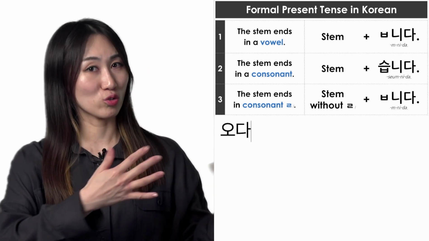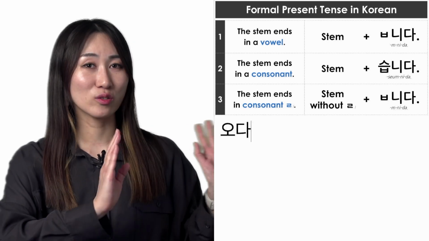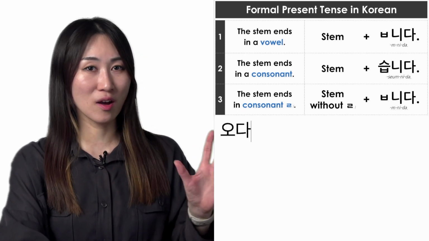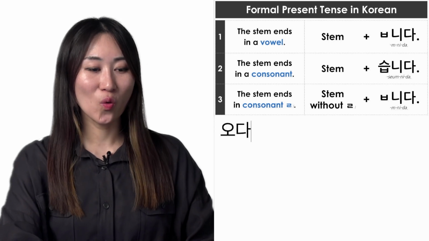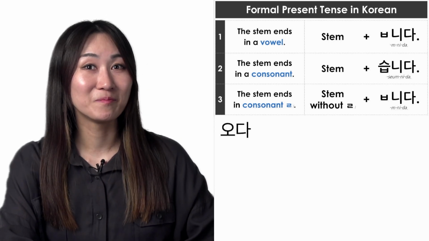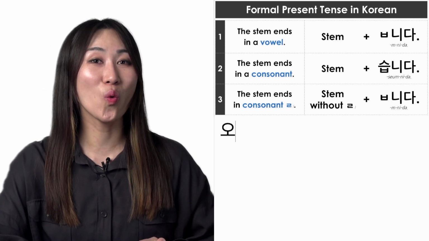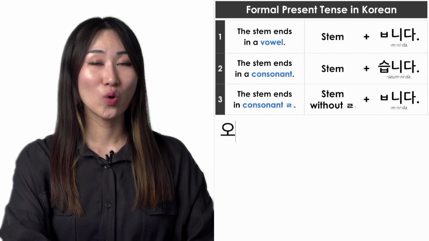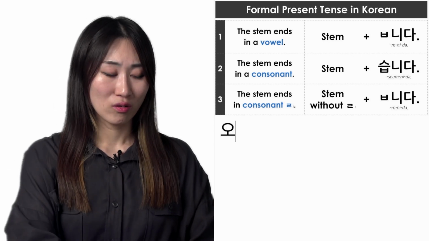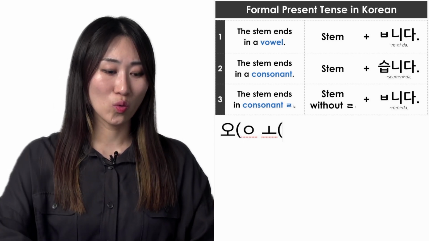So you come to school, come to some place. 오다, to come. What is the stem? Now you are very good at this, right? It's 오.